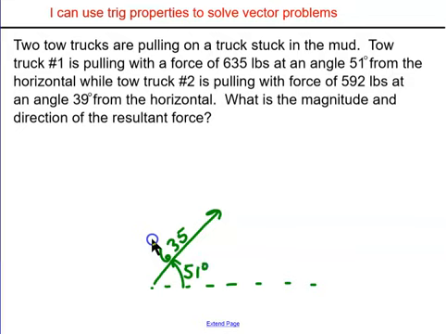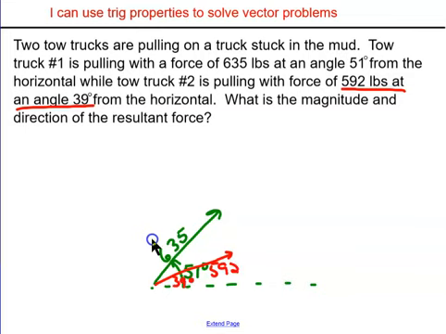And now we have another one that is 592 at 39. So 592, that is 39 degrees right there.